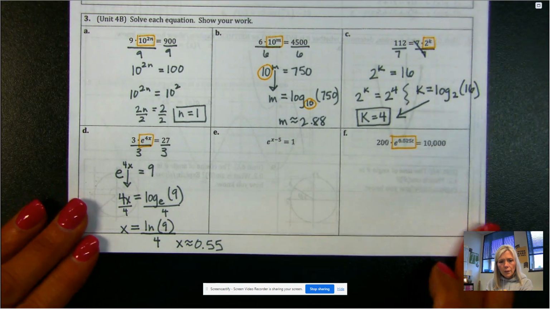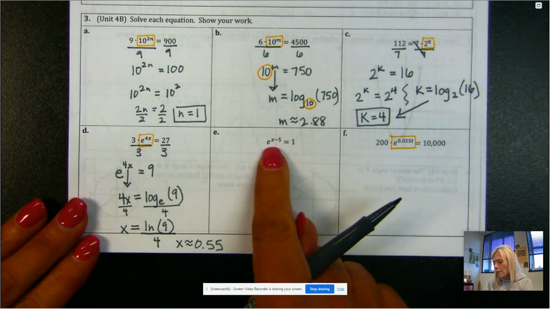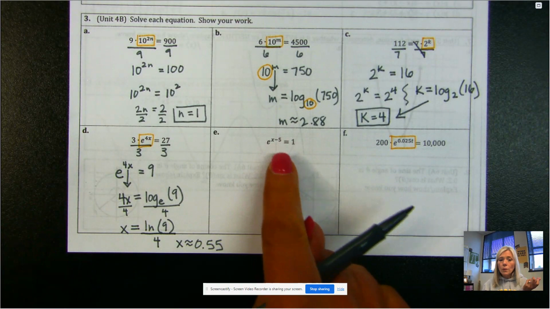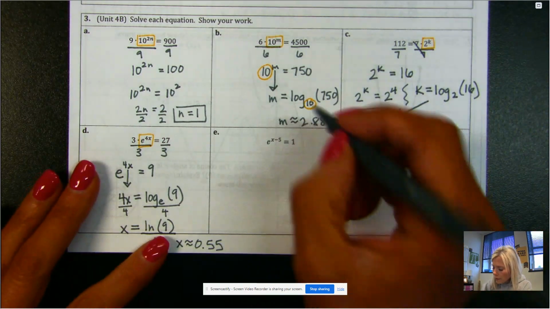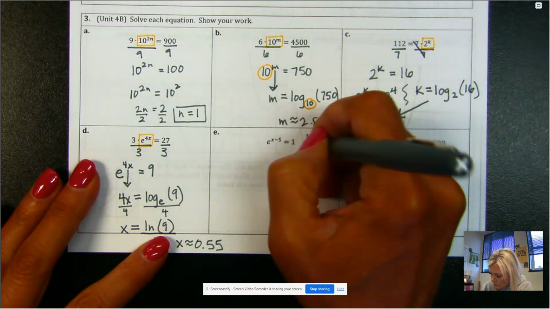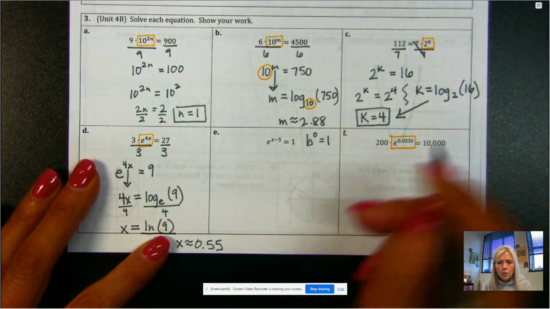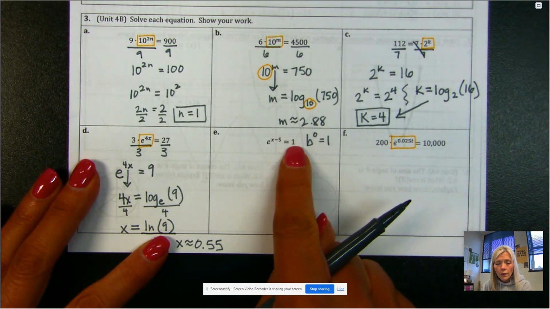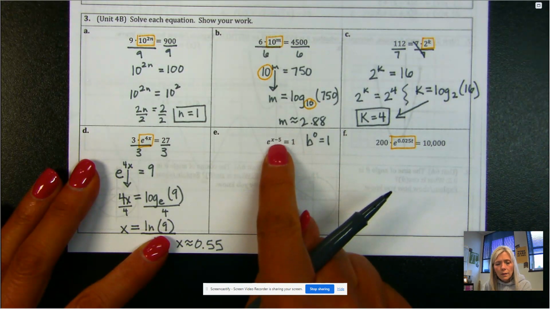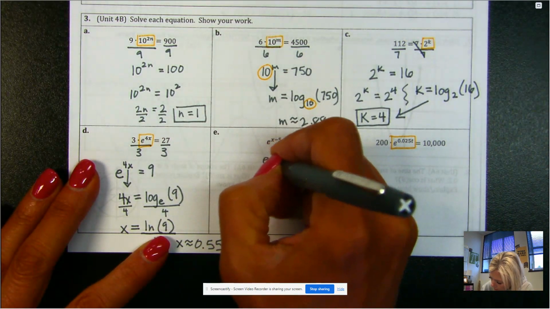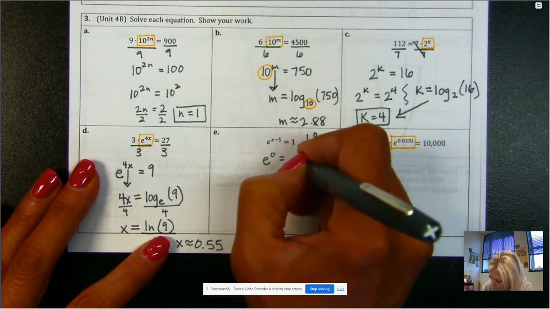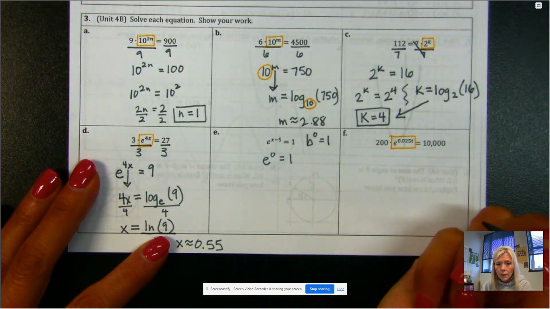All right, for E. One of those things that you really have to remember is that any base to the power of 0 is equal to 1. So whenever we get an answer of 1 here, that means that e was raised to the 0 to get an answer of 1.